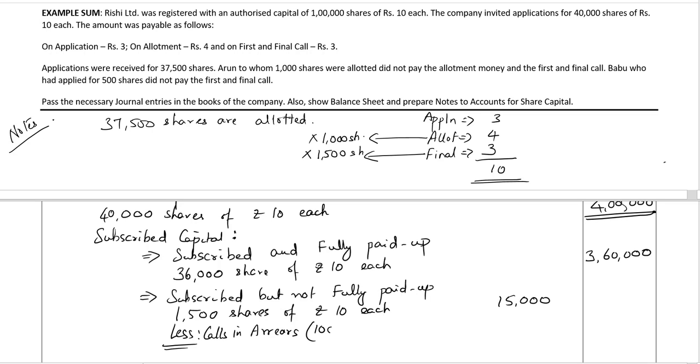On 1,000 shares, we did not receive the allotment money of 4, and on 1,500 shares, we did not receive the final call money of rupees 3. So the total calls in arrears is 8,500 rupees.